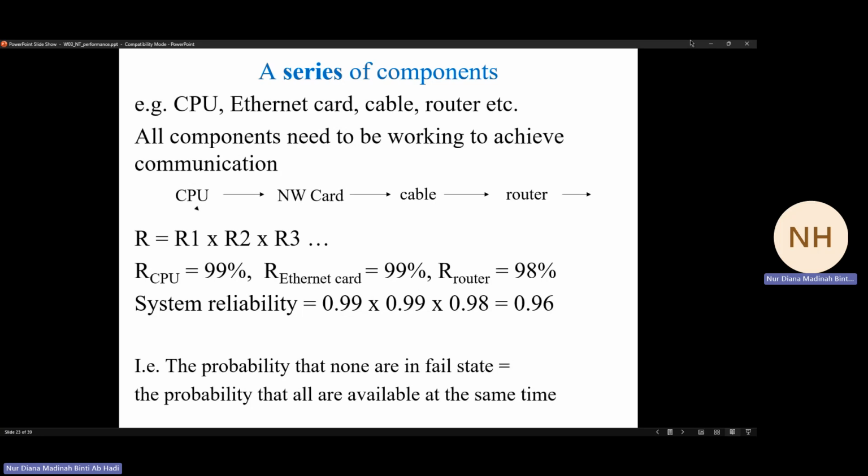So we will get the overall value. So far at this part, do you have any questions?